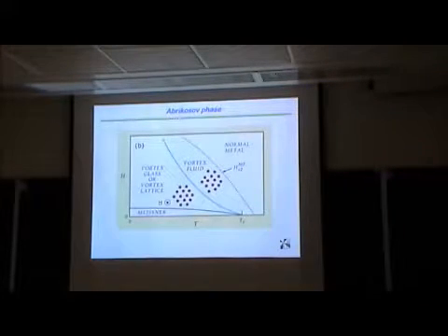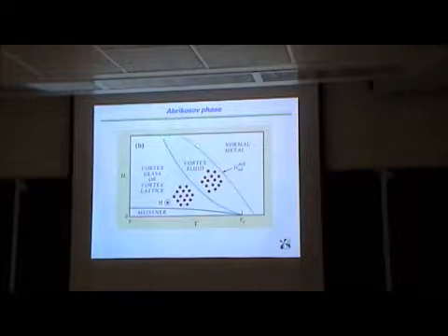Okay, so this is a phase diagram of a type 2 superconductor. The vertical axis is magnetic field, the horizontal axis is temperature. At low magnetic field and low temperature, you have a phase transition, and then you get this Meissner phase, which is the superconducting phase in which this conducting system expels magnetic field.